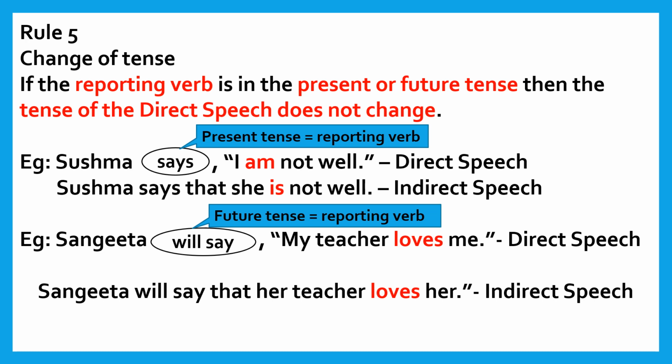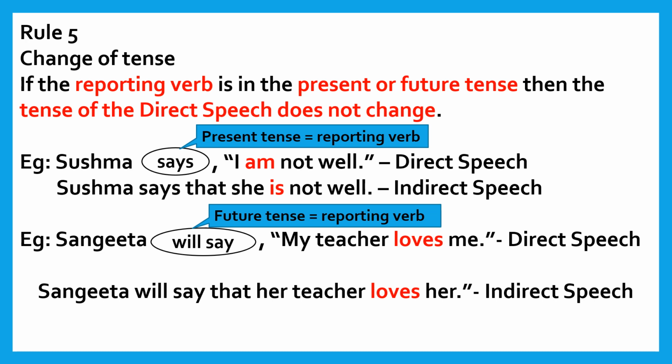Rule number 5. Change of tense. If the reporting verb is in the present or future tense, then the tense of the direct speech does not undergo any change. For example, look at the sentence given below. Sushma says, "I am not well." This is in the direct speech.